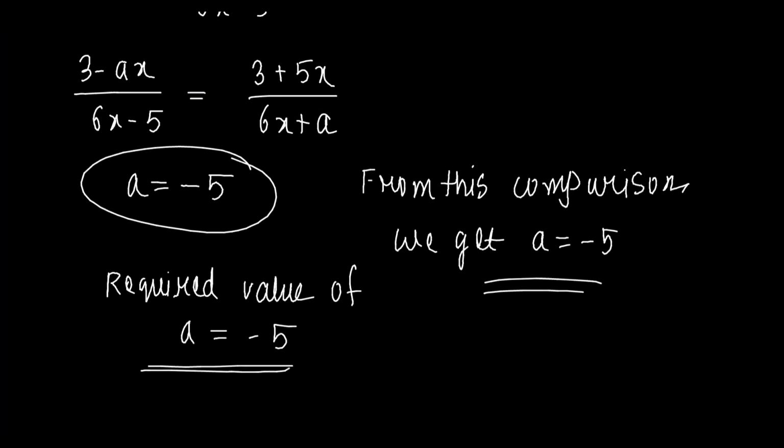You can understand this: since it was 3 and 3, here if we put minus 5, it will be plus 5x, and the 6x is matched, so a equals minus 5. Okay, so this was our today's session.